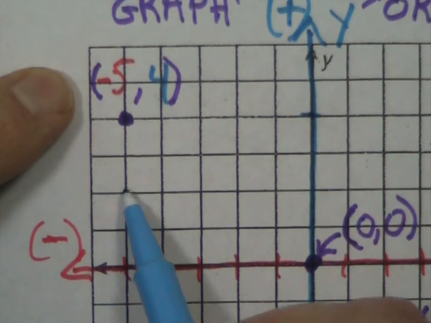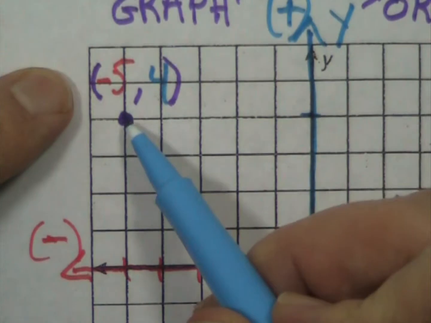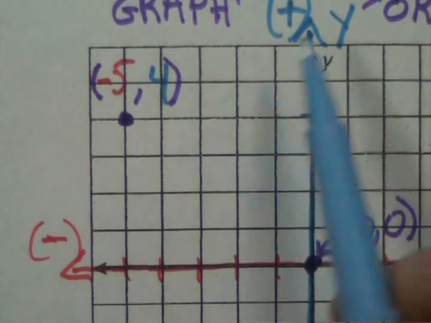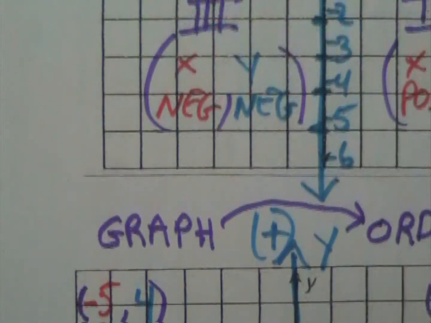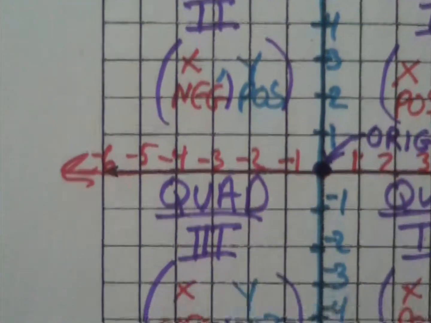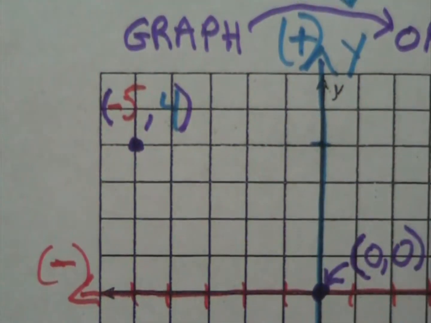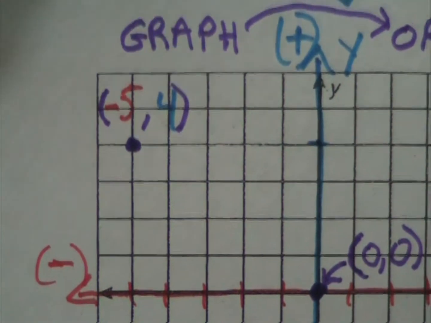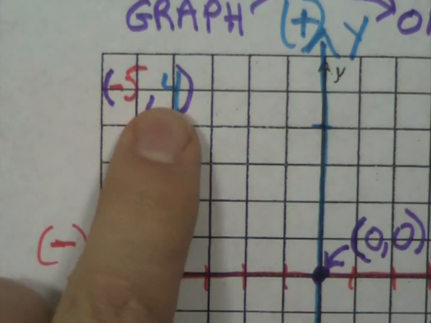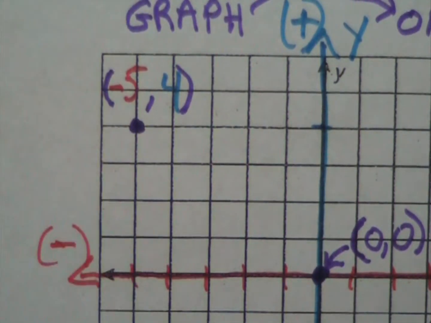And then 1, 2, 3, 4. +4, because I went up 4. And remember we said that in this quadrant, x is negative and y is positive. And notice it is. That's its ordered pair, the x coordinate and the y coordinate. So -5, up 4, +4.